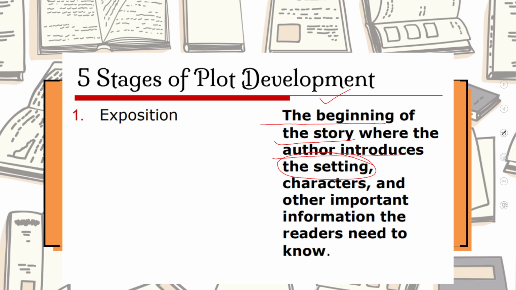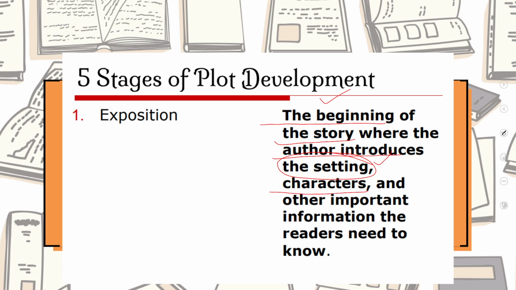Setting includes the year, the century, the environment, the surrounding, and the year, the month, or also the time. So this is where you are introduced to all these elements of a story.